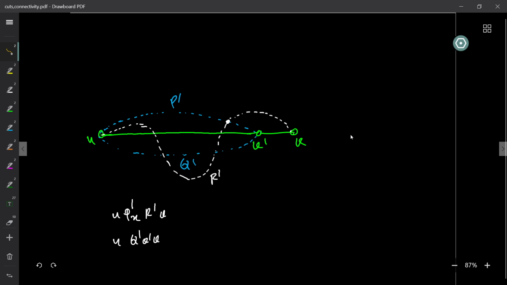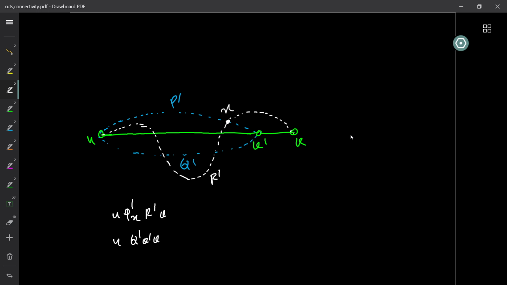Some vertex must be there; it could be equal to u, but some vertex must be there. Without loss of generality, we can assume that vertex belongs to p dash. It could be either p dash or q dash, it doesn't matter. Let me call this vertex x.